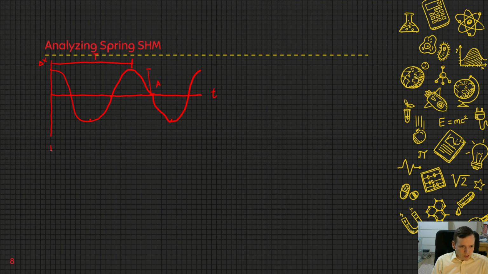If we had a position or a velocity versus time graph, well, we know that when it's stretched the most, and if we look at the slope here, it's 0. Let's say this maximizes at 2, but I'm just going to go up to 1, 2, 3, 4, there.